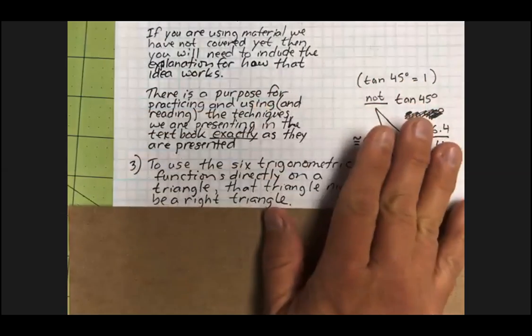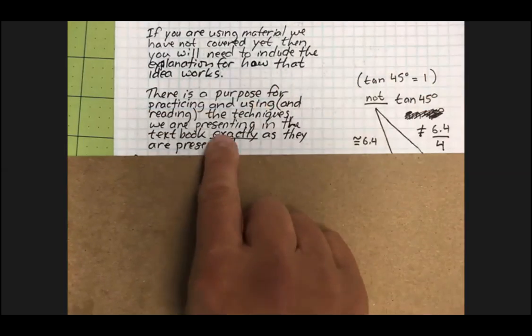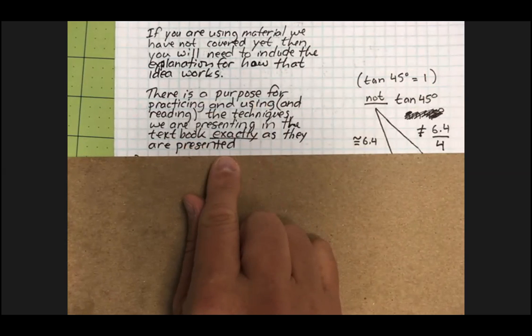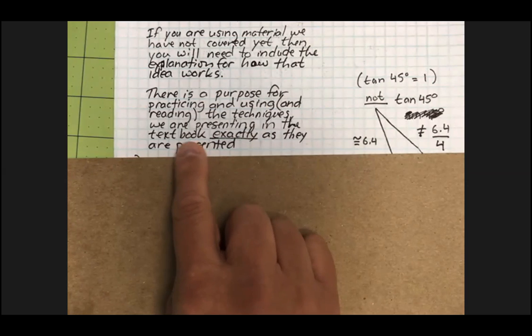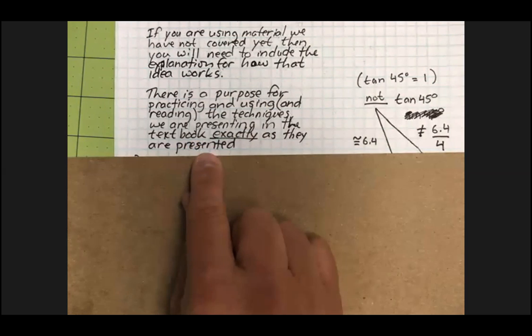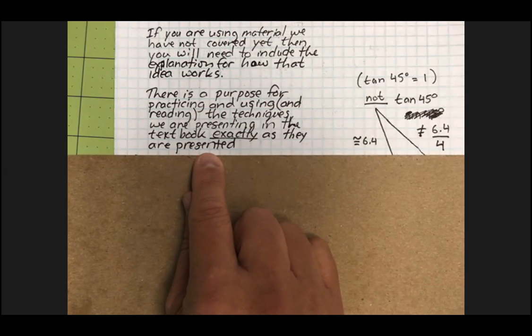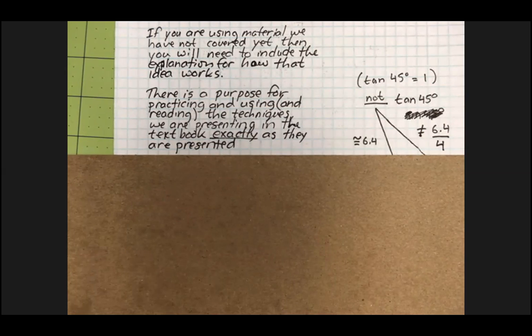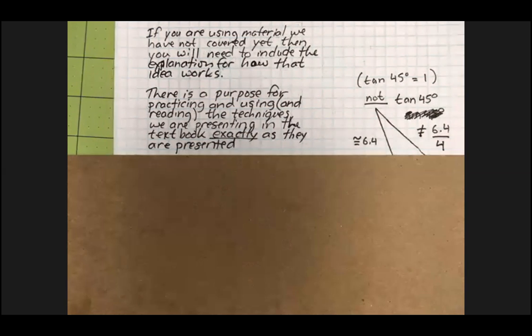The reason for that is there's a purpose to practicing and reading the textbook sections and the techniques he's presenting. We will get to fancier stuff later. Say this carefully: it's not about getting the right answer, although you need to get the right answer.